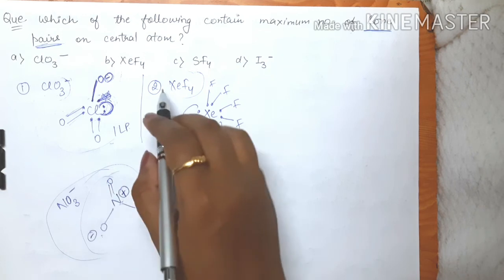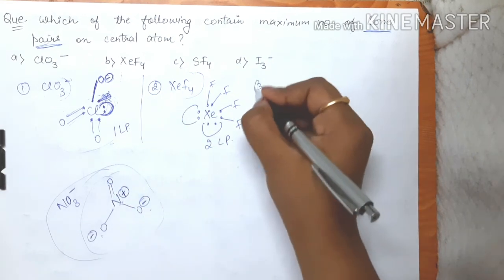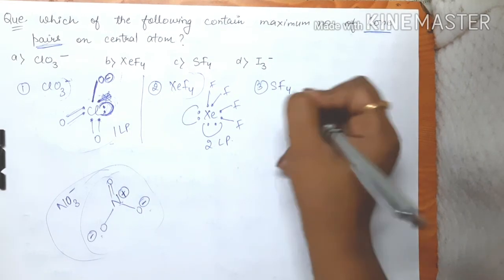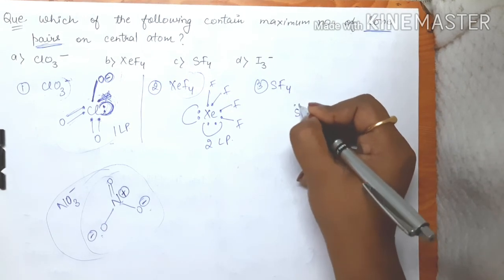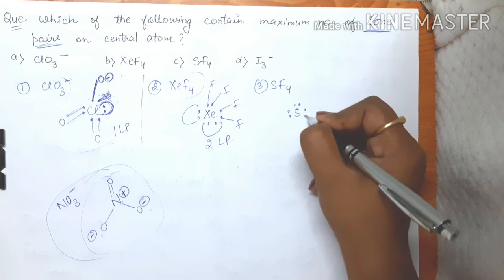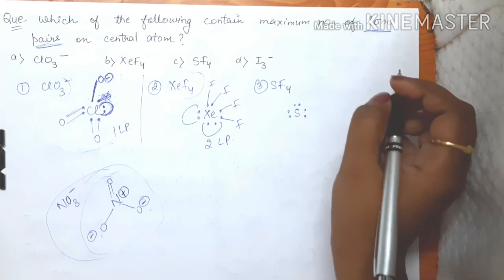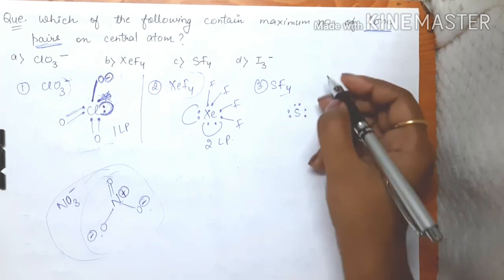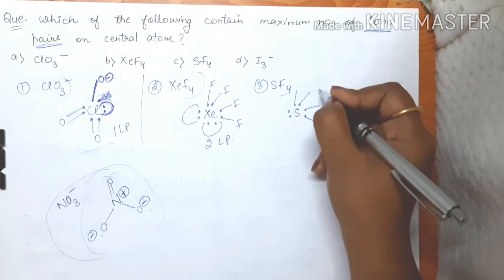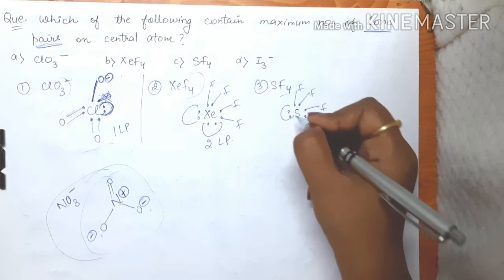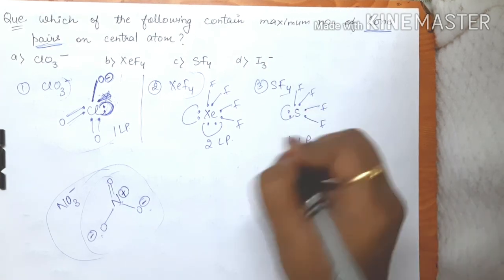So the first one has 1 and the second has 2 lone pairs. Third is SF4. Sulfur belongs to the oxygen family, so it will have 1, 2, 3, 4, 5 and 6 electrons. Now it is attached with 4 fluorines which are univalent, so it will be attached like this. So it has 1 lone pair.